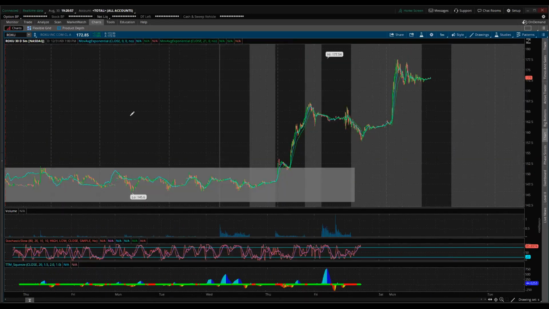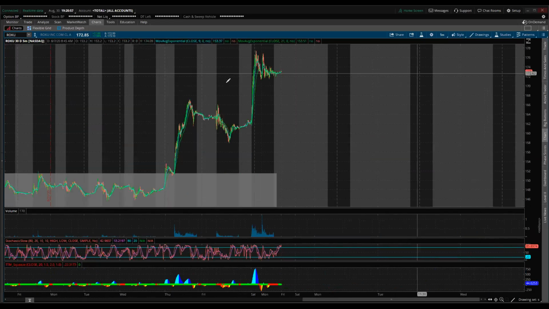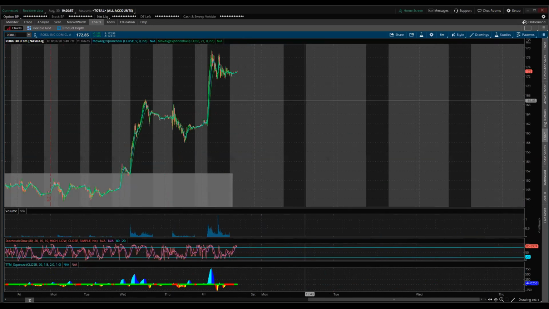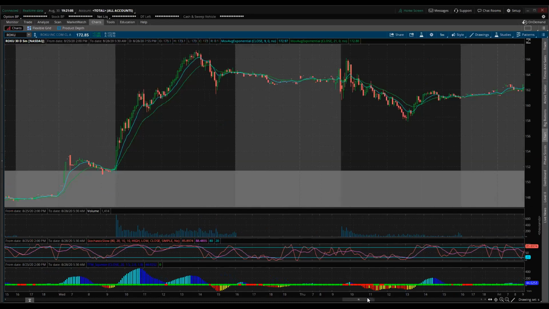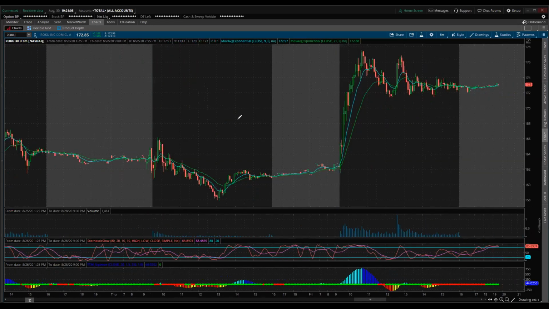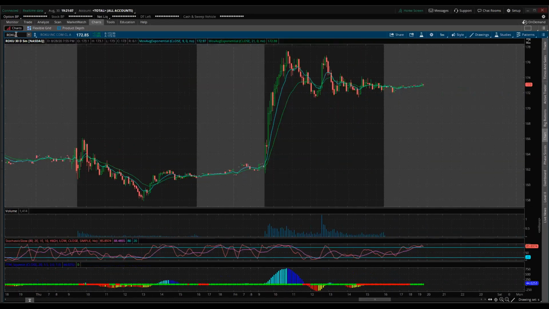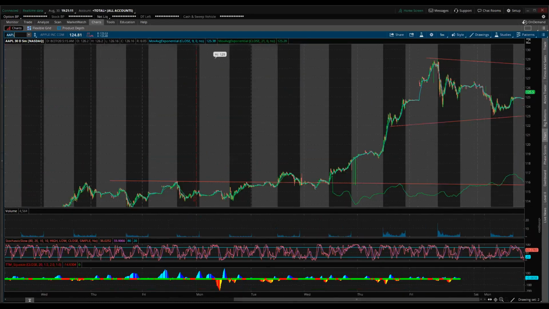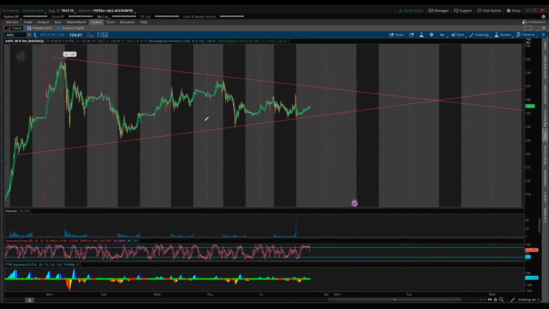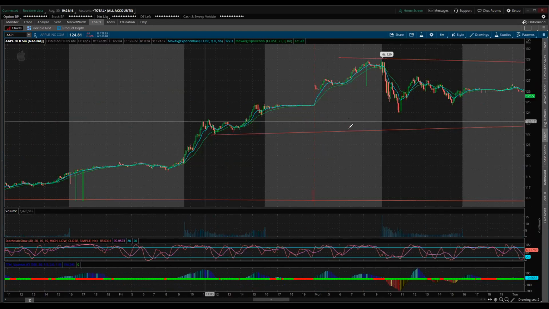So, like, can't really see anything there. I want to see it. Apple. Apple likes to run and make things like here, right? This is a triangle on Apple.